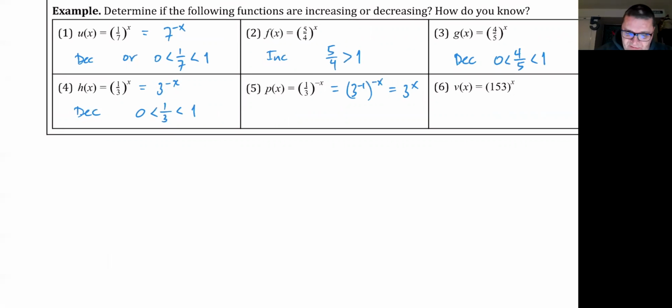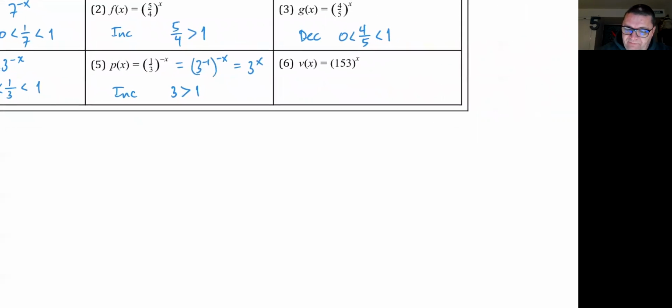So this is really an increasing function because the base, 3, is greater than 1. That one can be tricky. And then this one here is pretty much more of the same. It's clearly a base that is greater than 1. So this means that we have an increasing graph. And that's it. I'll see you on the next video in a little bit.